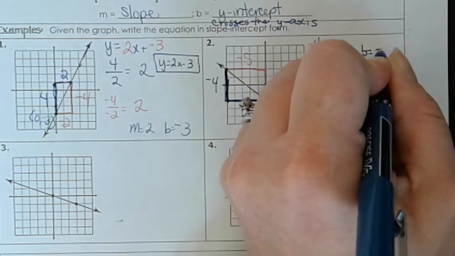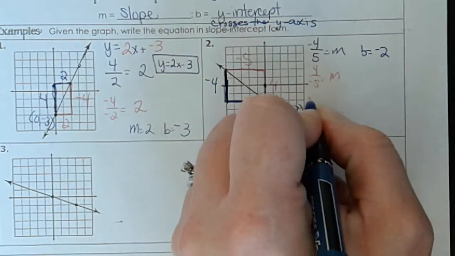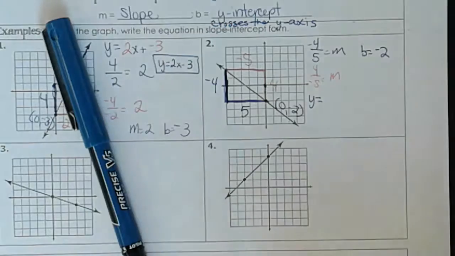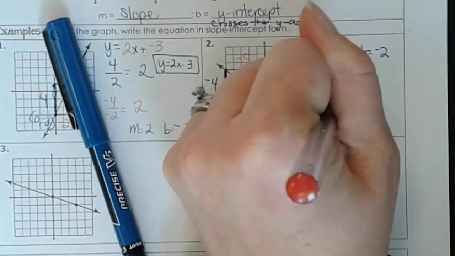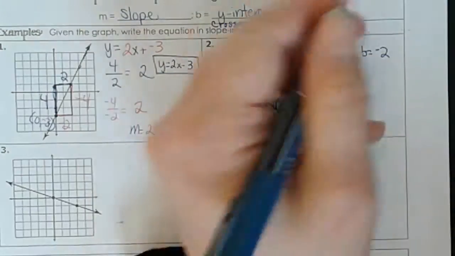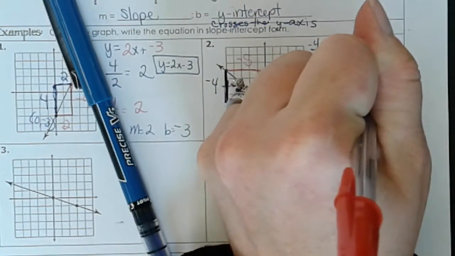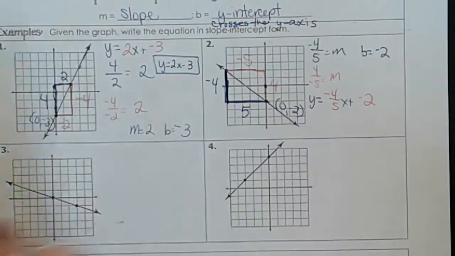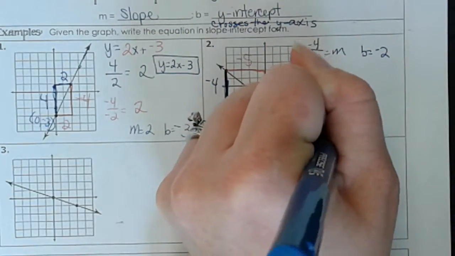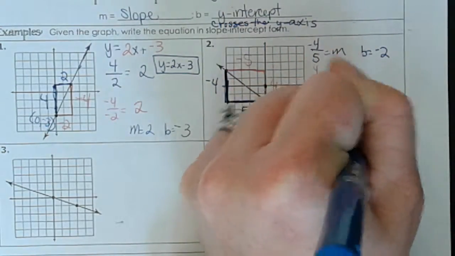So b is negative 2. So our equation is going to be y equals mx plus b. So the equation for this one is y equals negative 4/5 x minus 2.